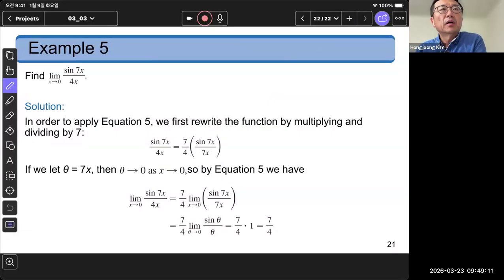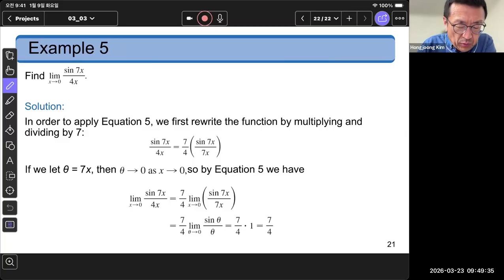So let us consider the following limit. Suppose that we have the function sine 7x over 4x, and I want to find the limit as x goes to 0. Then I can just rewrite sine 7x over 4x like this.